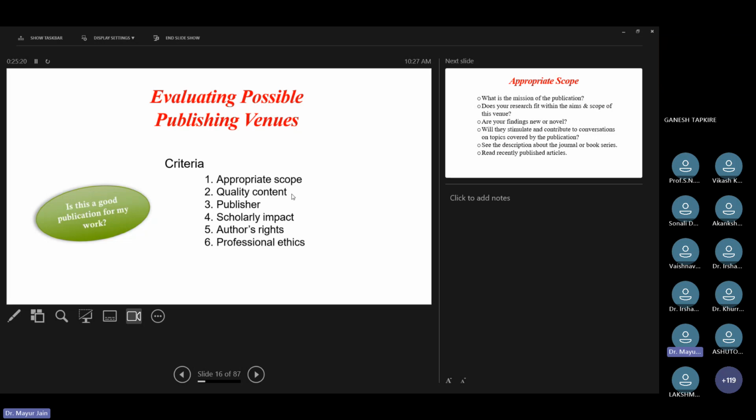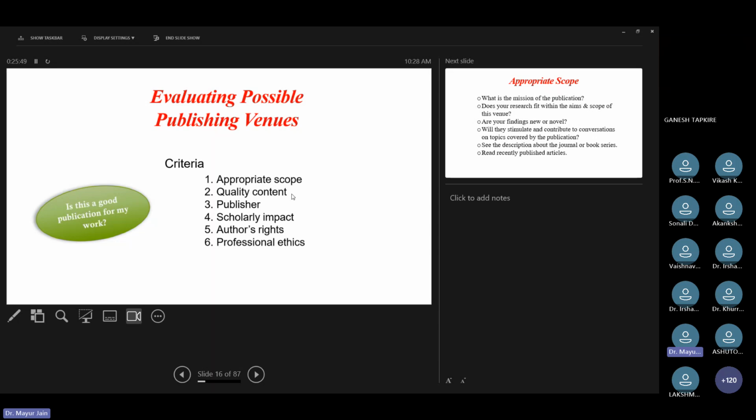Then quality content. While focusing on your writing, you should have quality content of your data. You should have some graphs, some tables, some statistics. If you are working on an experiment, you should have some statistics. If you are doing a literature review, you should have some bibliometric or systematic review where you are focusing on a particular point or target of your publication.